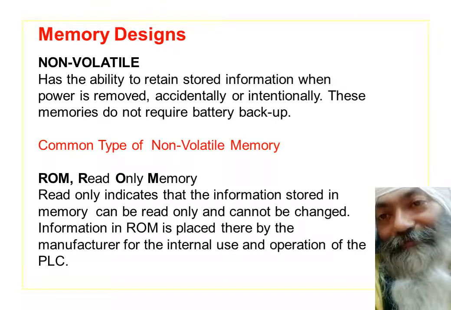And the common type of non-volatile memory is called ROM, or read-only memory, where once you read it, the information is there to stay forever, and this ROM is placed by the manufacturer for the internal use and the operation of PLC. Just as we have BIOS, basic input output system, we have the same kind of thing in PLCs, which is stored in this read only memory.